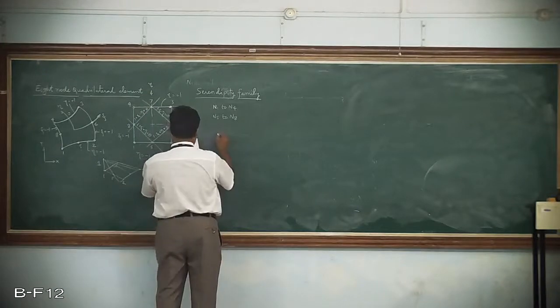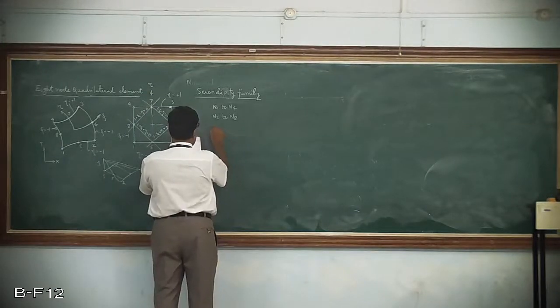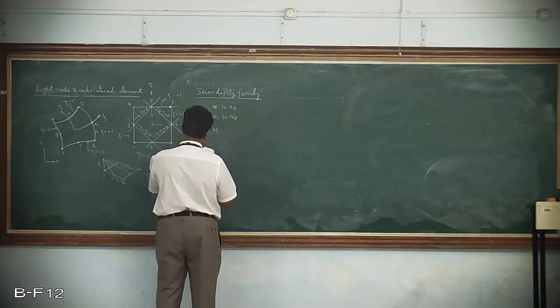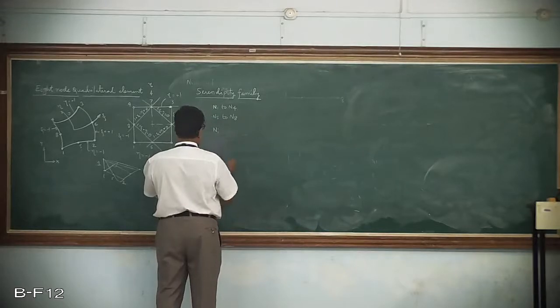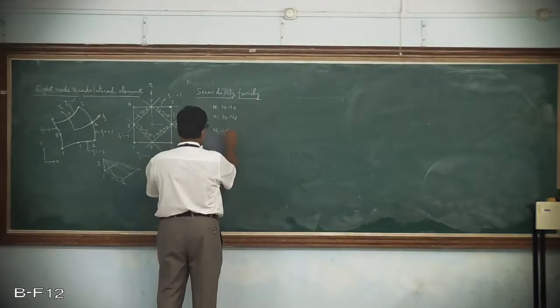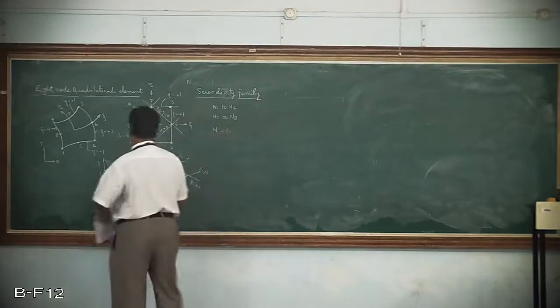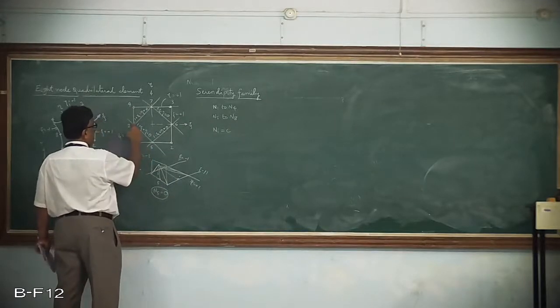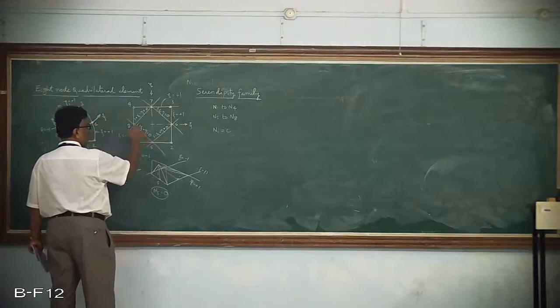Ni we want to find out. So what should it be? If I want n1, it should be 0 along this edge, should be 0 along this edge, and it should be 0 along this edge.